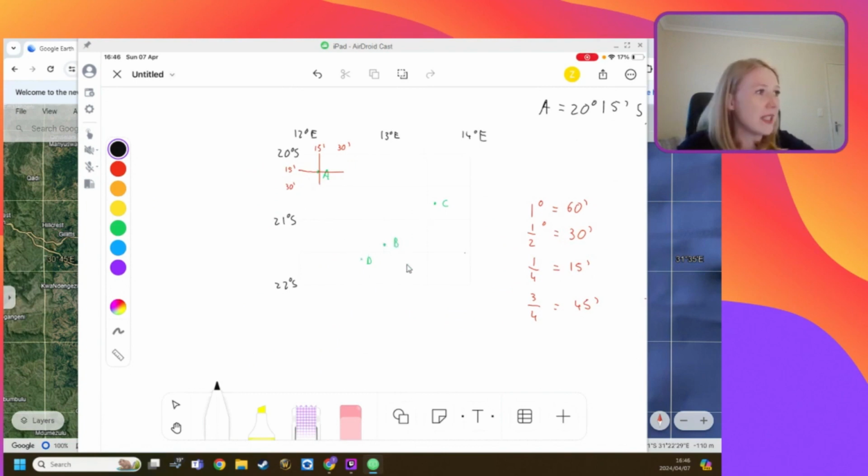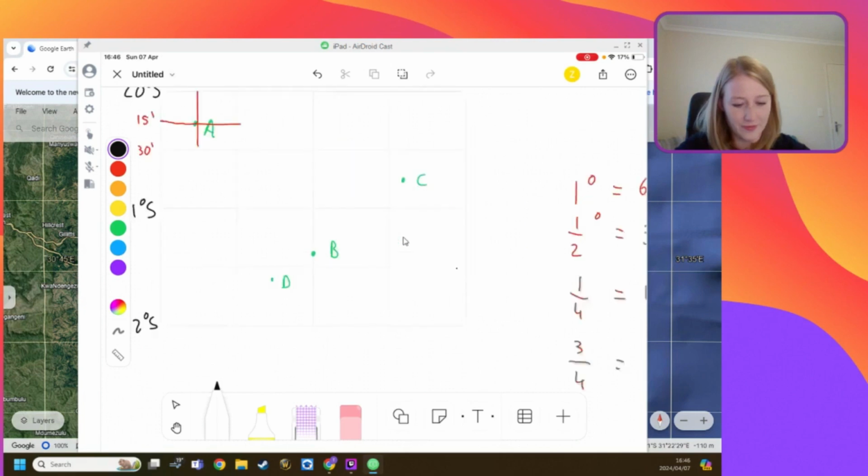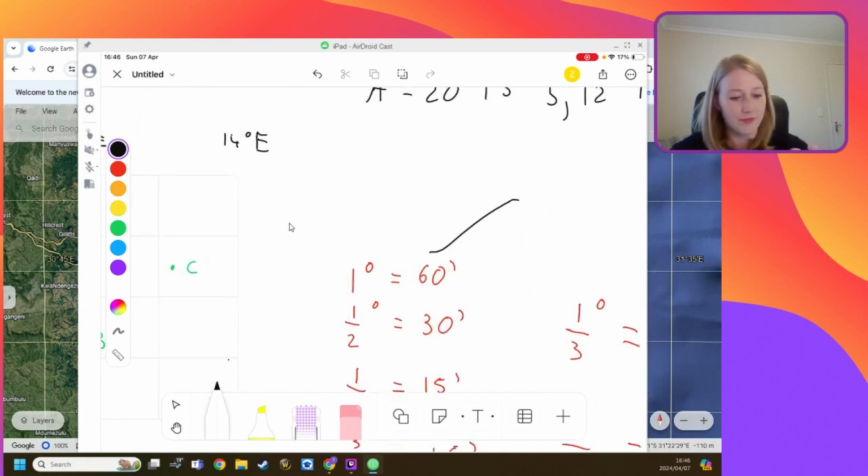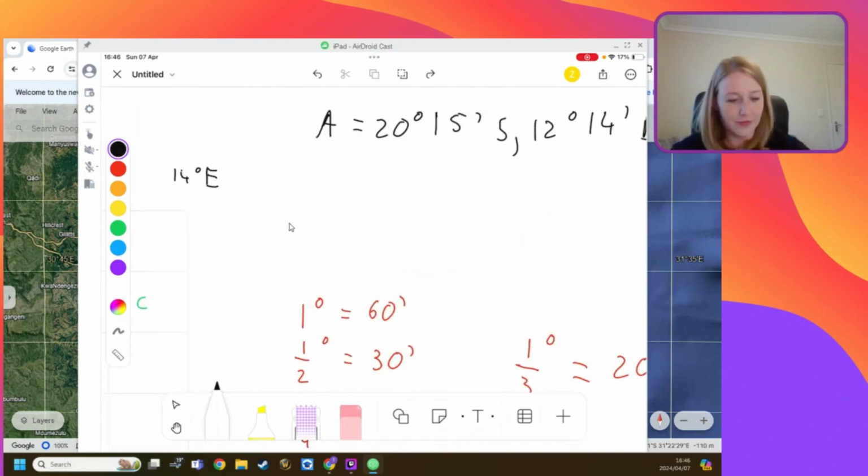Okay, let's try B. I think let's try both of the south minutes, and degrees and minutes at the same time. So it's definitely 21 degrees south, between the 21 and the 22 degrees.